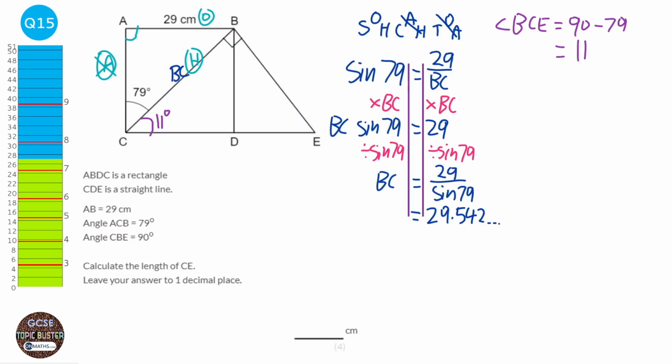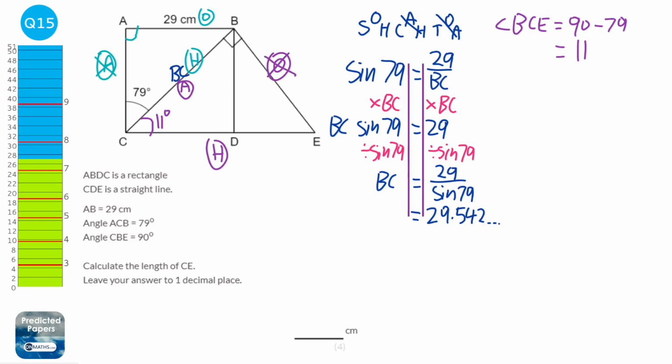So we're going to look for length CE. We're going to first of all label the sides. So we've got the opposite here, the hypotenuse opposite the right angle here, and the adjacent here. So this hypotenuse is now an adjacent. We're not using the opposite at all, but we are looking for the hypotenuse.